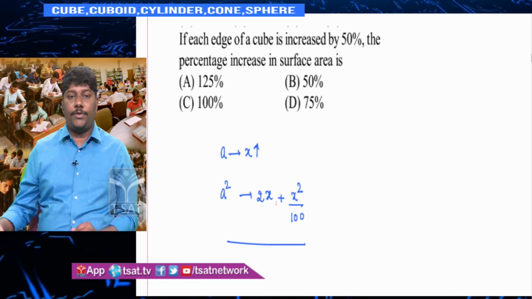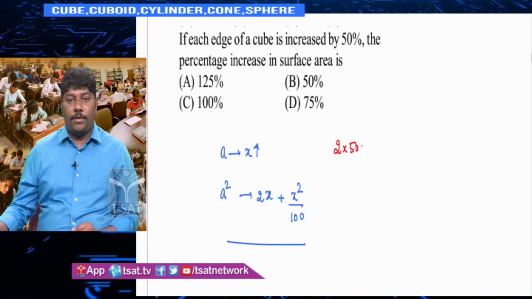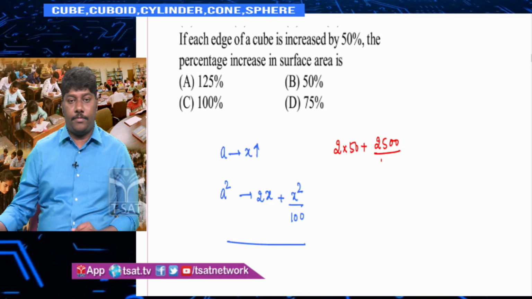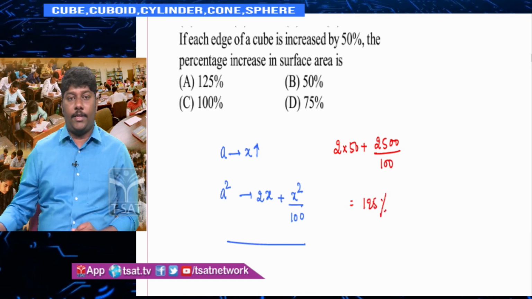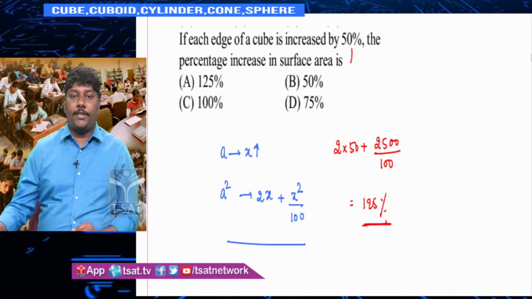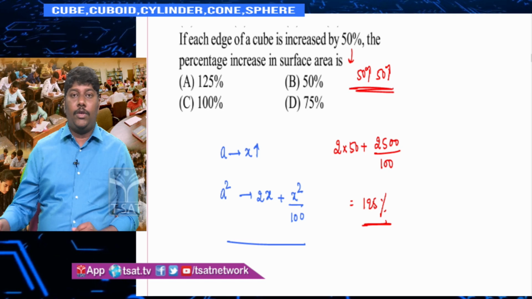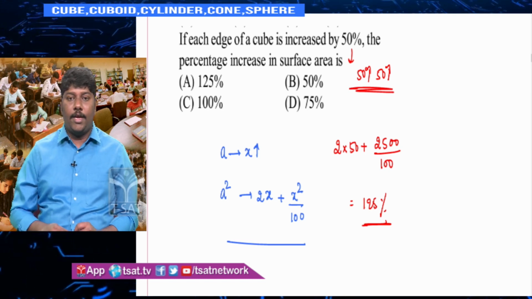Here he asked you increase, so it is 2 into 50 plus 50 square is 2500 by 100. So answer is 125% increase in its area, or else by saying it 50% increase followed by 50% increase. Use x plus y plus xy by 100, it is same as 2x plus x square by 100.